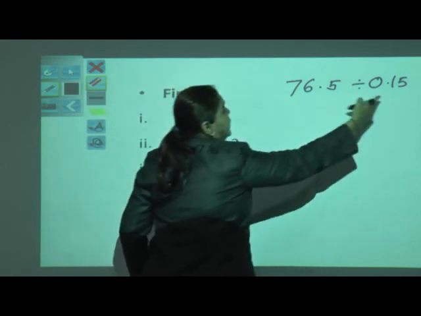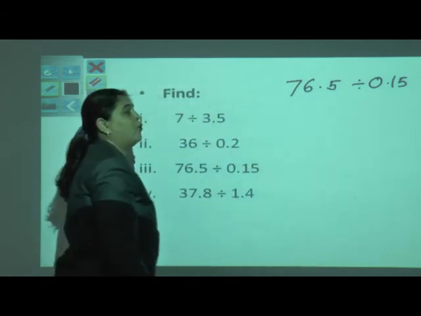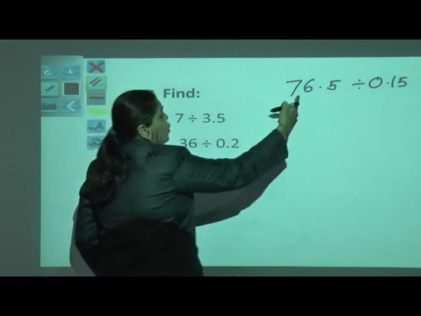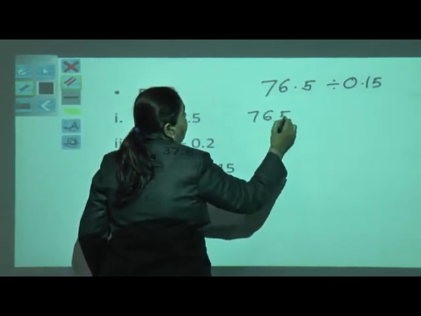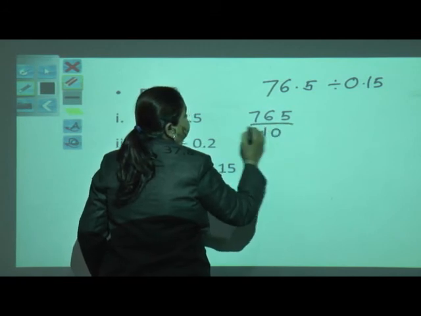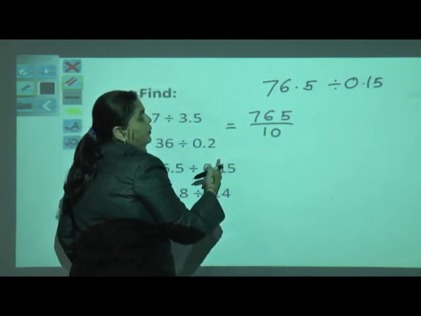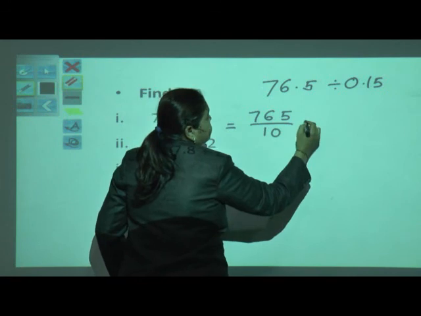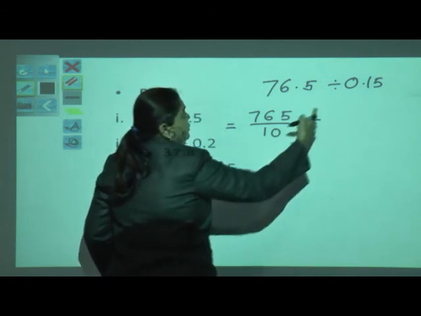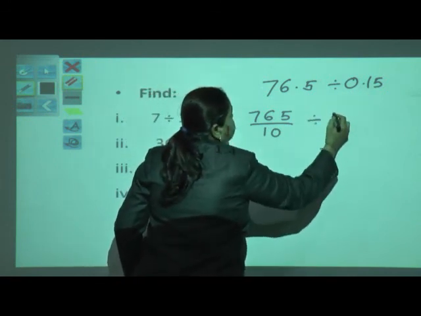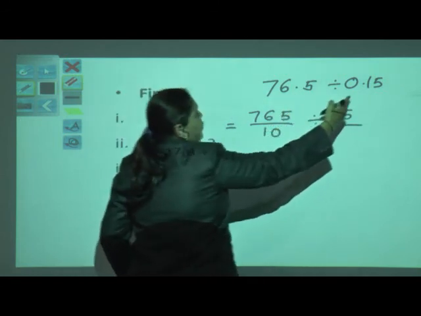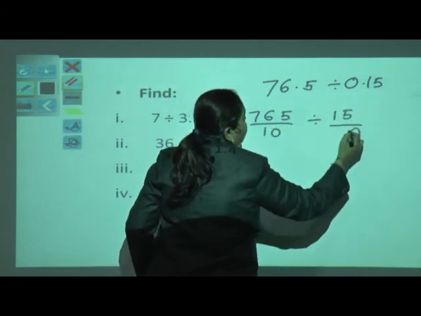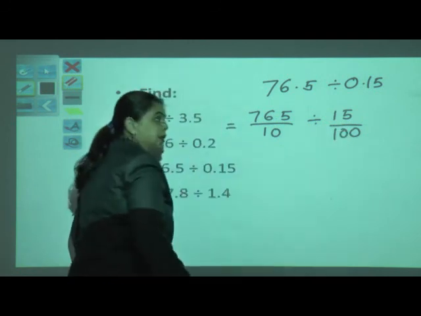So for both decimals, first we have to write them in the form of a fraction. What will be the fraction form of this? It will be 765 upon 10. Write as it is, division. Then here the number is 15. After the decimal point I have 2 digits, so I will write 2 zeros and make it 100.